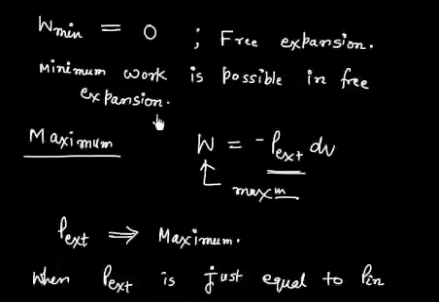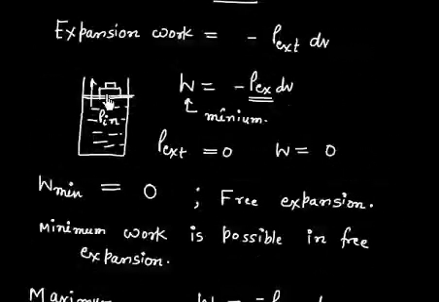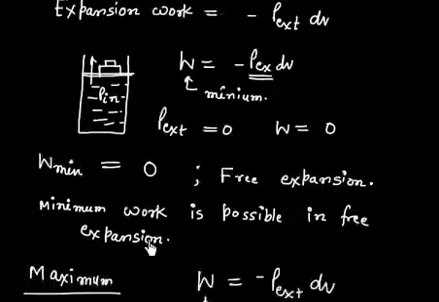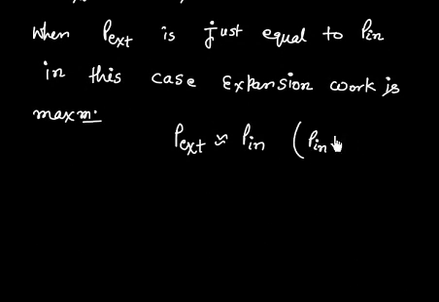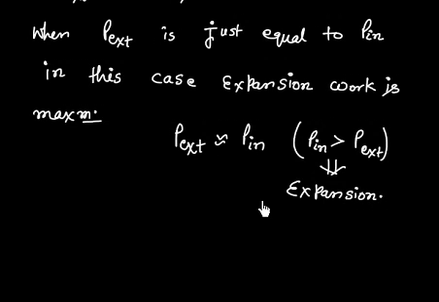So this means if I want to take maximum work from this system, I have to put the bait so that P internal is just equal to P external. Basically P internal is slightly greater than P external. Then I will have expansion. So this is the possible case for expansion. And now this has to be achieved at all points of time.